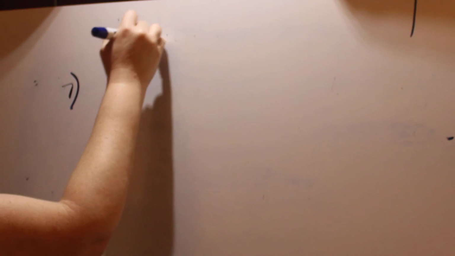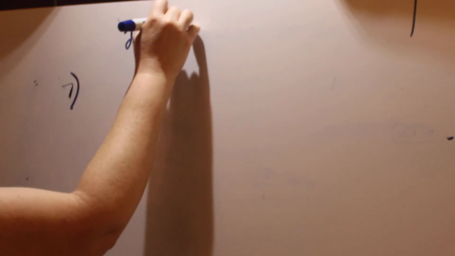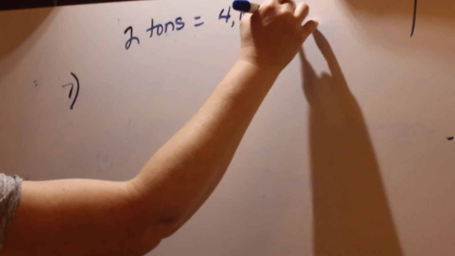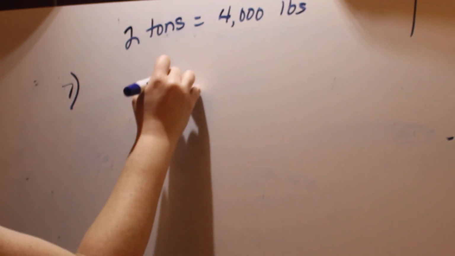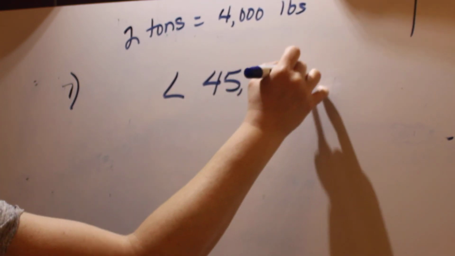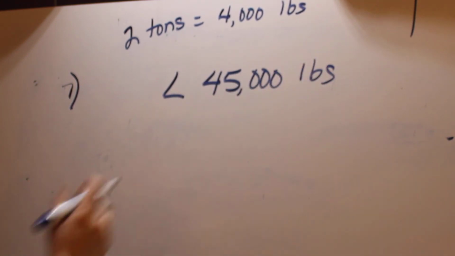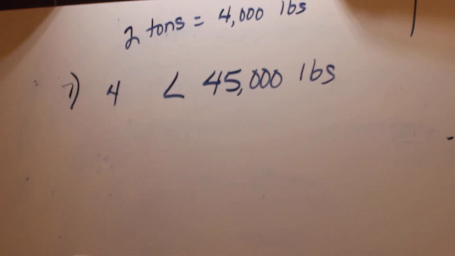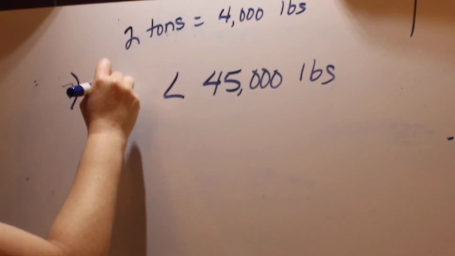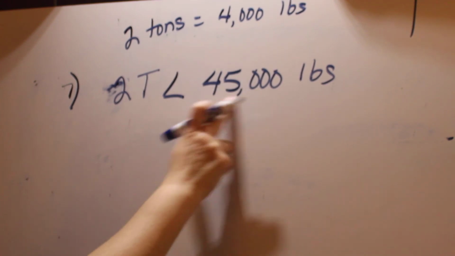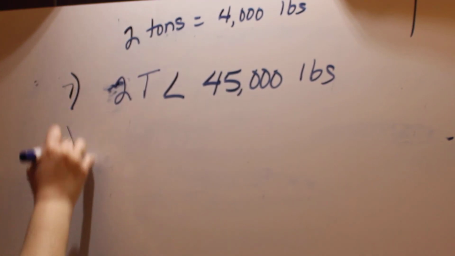So in 2 tons, you have 4,000 pounds, and they want to know, is it less than 45,000 pounds? Well, yes, it is. Because in 2 tons you have 4,000 pounds, so absolutely this is less.